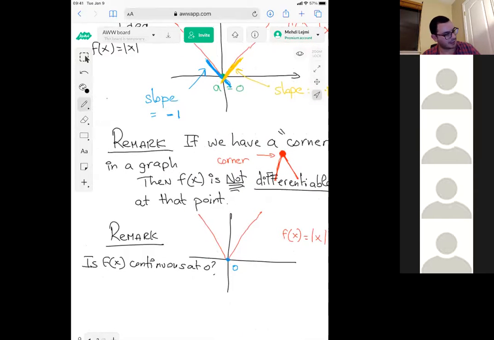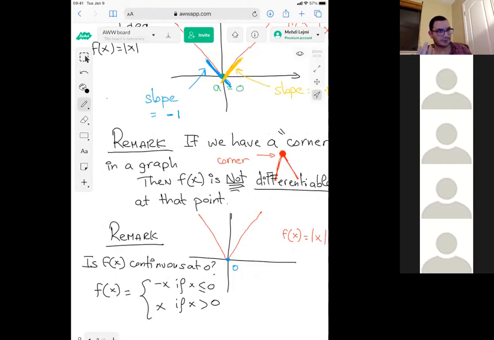So f of x is minus x if x is negative, and positive x if x is positive, right? So if you approach 0 from the left, minus 1. Sorry? Minus 1. I mean, the x going to 0, so you replace x by 0. Oh. It's going to be minus 0.